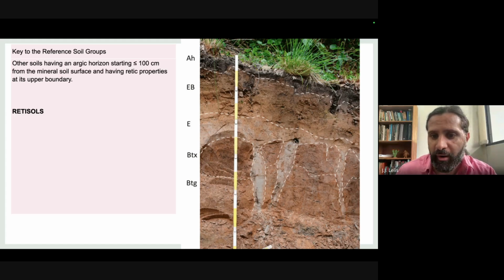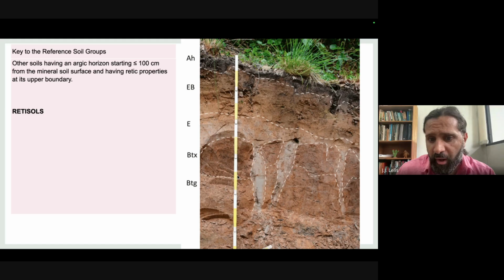Retic properties are those fingers, interfingering of one horizon inside the other one. So we have some E horizons, some pieces of the E horizons inside the B horizon, inside this argic horizon. So we have here the BTX, the BTG.